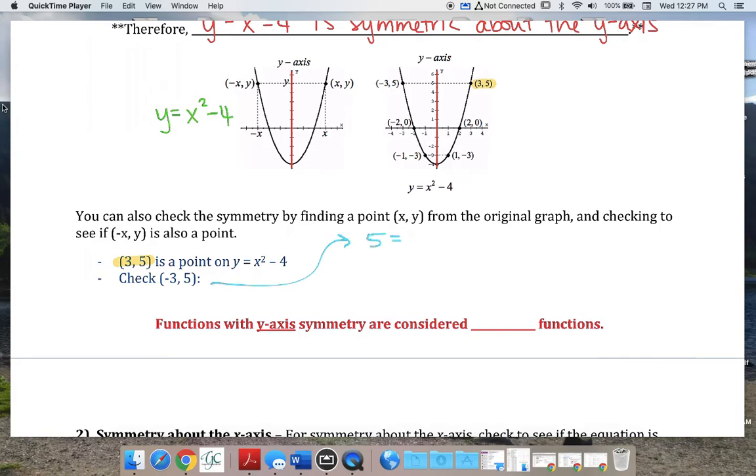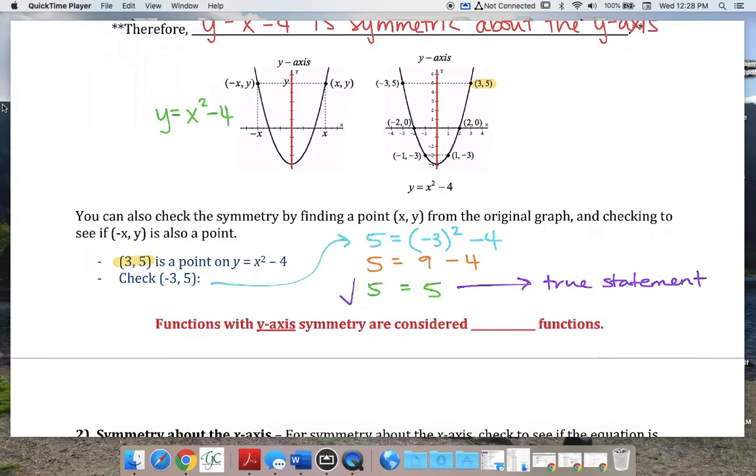So now I'll have 5 equals negative 3 squared minus 4. Negative 3 squared is a positive 9. And then 9 minus 4 is 5, so we're left with the equation 5 equals 5, which is a true statement. So since we were left with a true statement, that means this graph is symmetric about the y-axis.